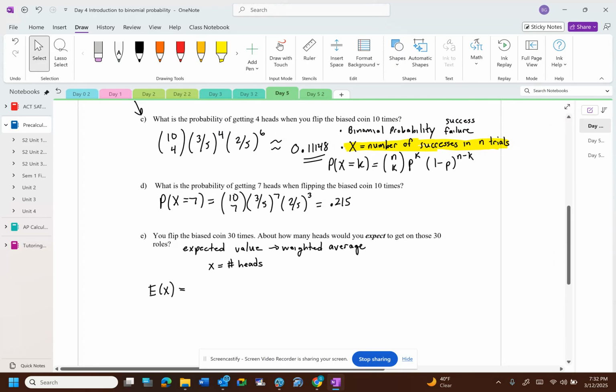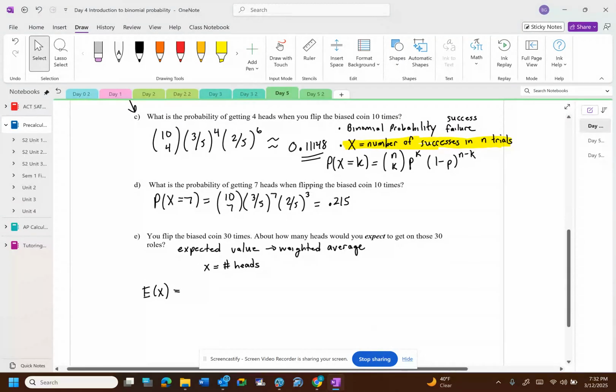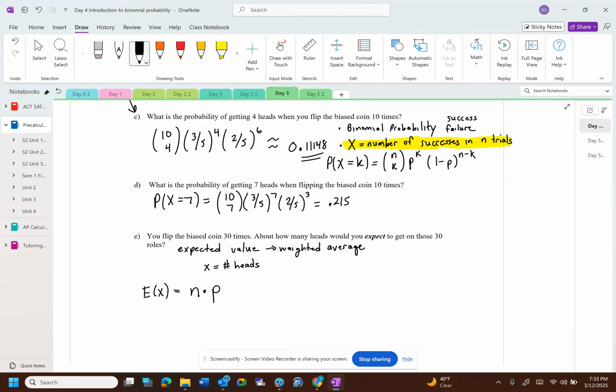The expected value of a binomial distribution like this is fairly easy to calculate. If you flip a coin 30 times, and each time your success, in this case getting heads, is 3/5, you might logically conclude that you can simply multiply those two numbers together. You can take the number of trials and multiply it by the probability of success. And if you did that, you're correct.